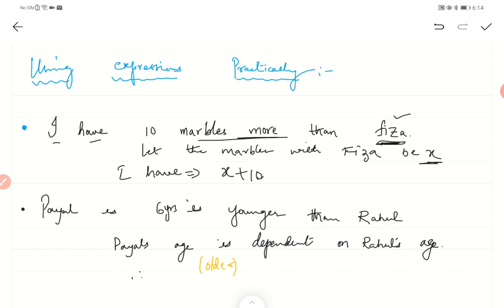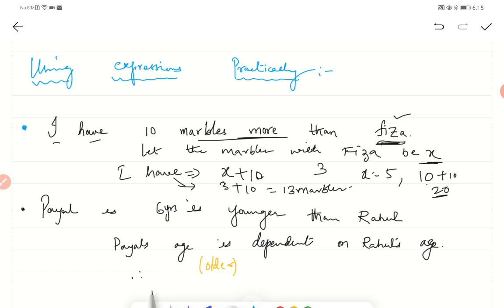Fiza's marbles are x, so I will have x plus 10. Okay, so this x value can be anything. If Fiza has 5 marbles, then how many will I have? 10 more, that is 10 plus 5, 15. Suppose Fiza has 10 marbles, then 10 extra, I will have 10 plus 10, totally I will have 20 marbles, isn't it? So if Fiza has 3 marbles, then I will have how much? 3 plus 10, that is 13 marbles I will have.